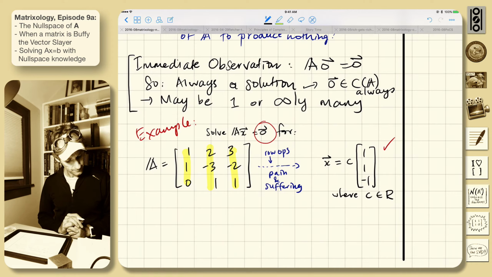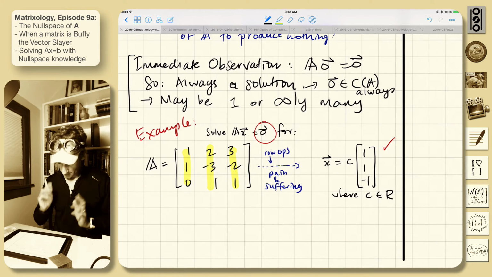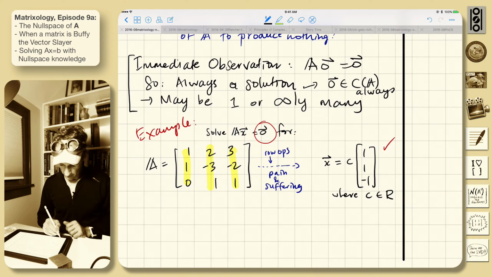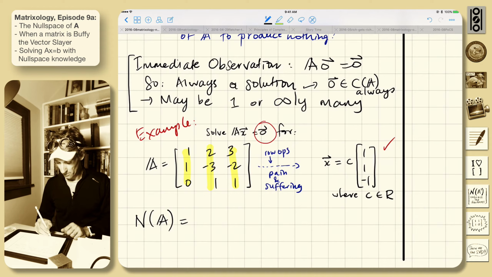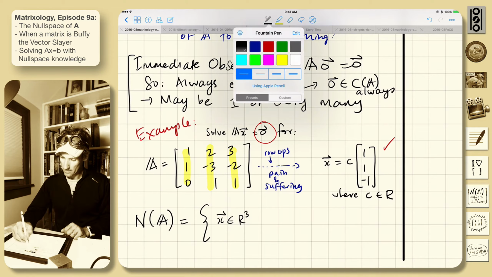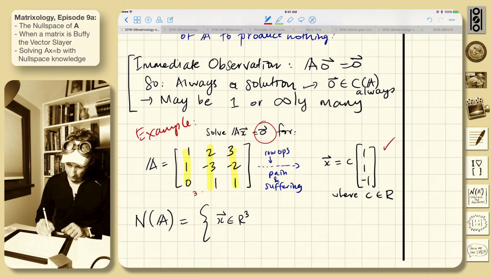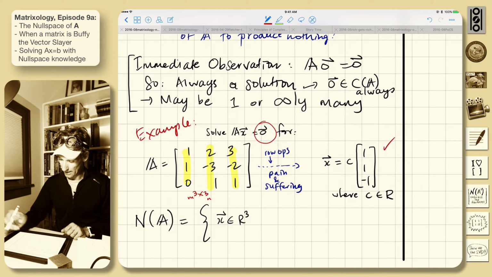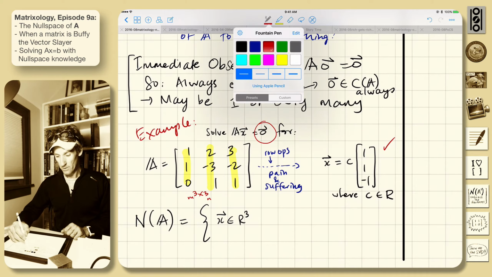So let's do this. I'm going to jump a little bit. The null space of A, just for this example, is X in R3. This is a 3 by 3, and this is M, and this is N. And where does X live?